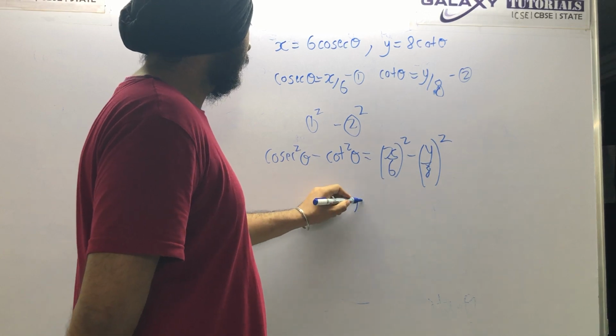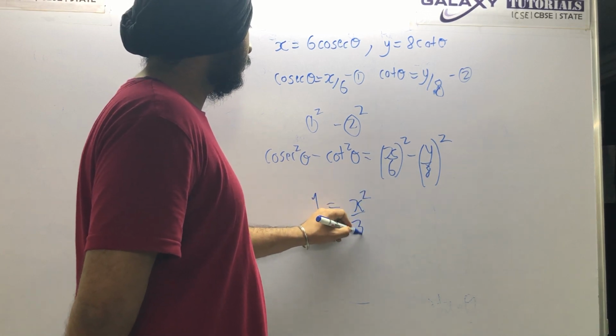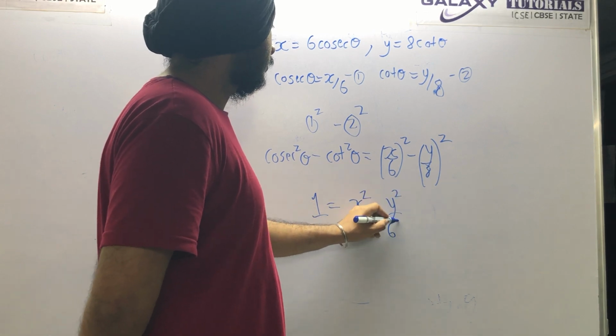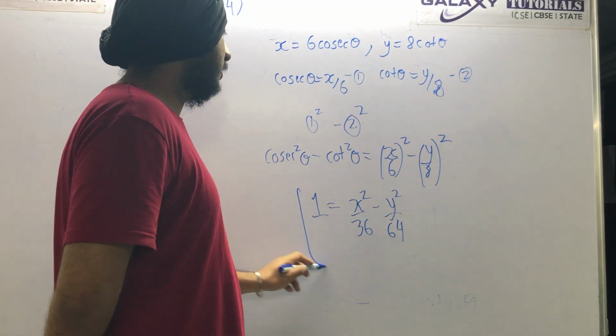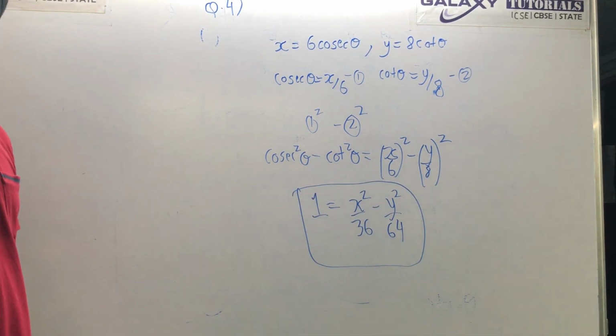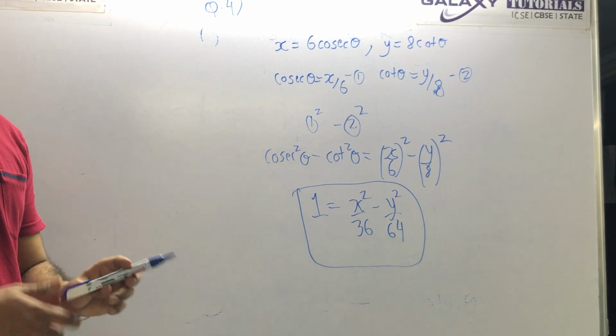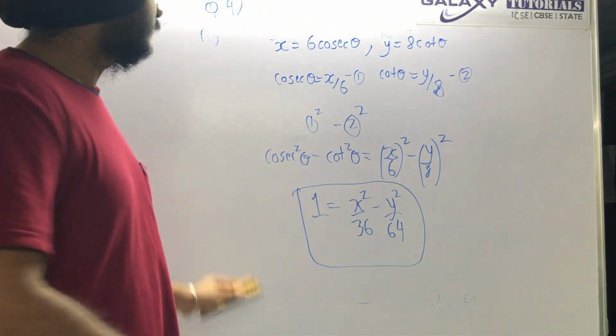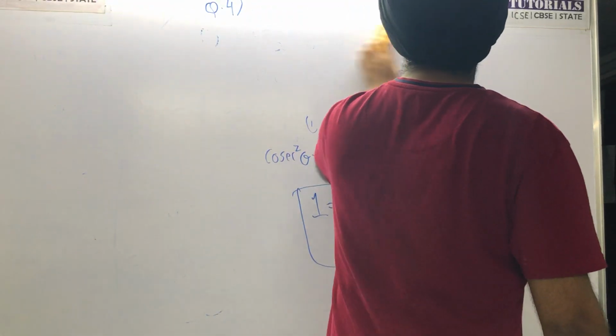This one will be x square upon 36 minus y square upon 64. See, there is no theta here. So this is the answer of part 2. You just have to make an equation where there is no theta. That's all. Okay, now let's go to the next part.